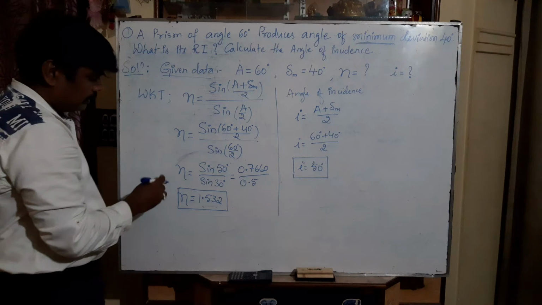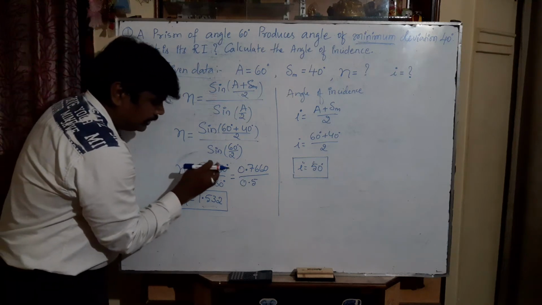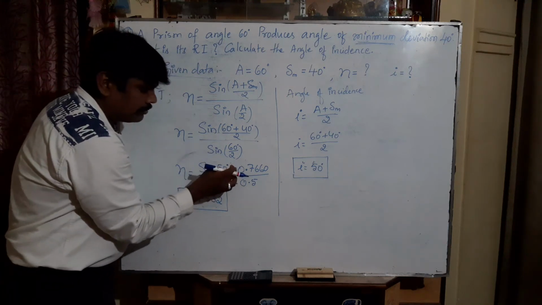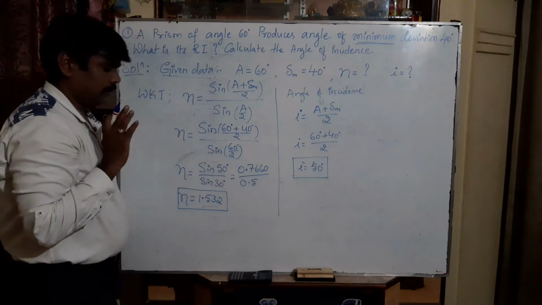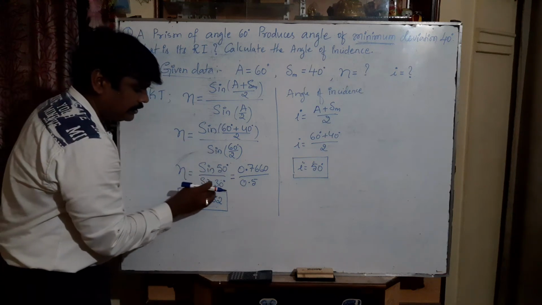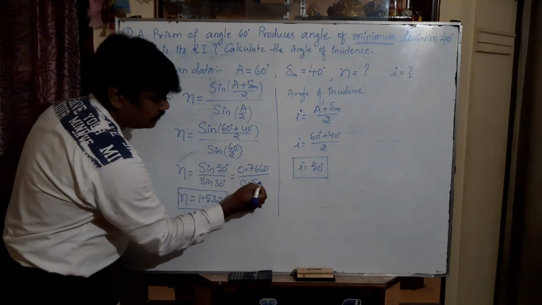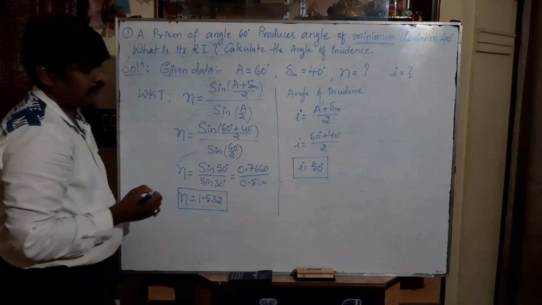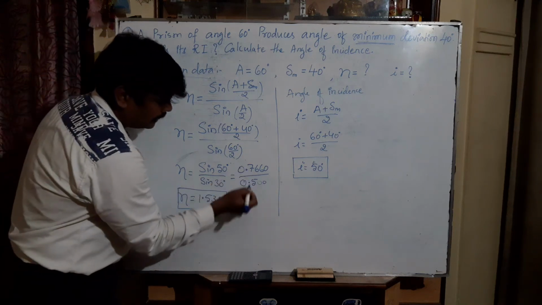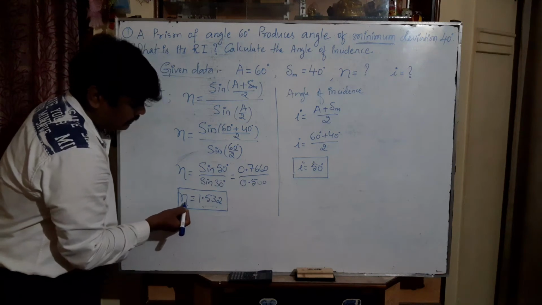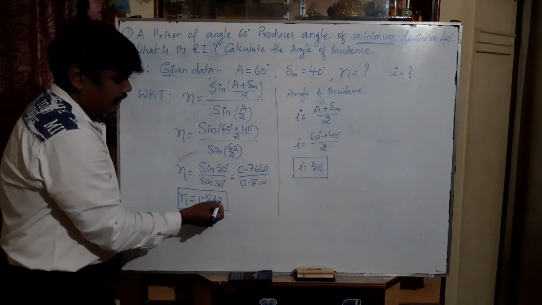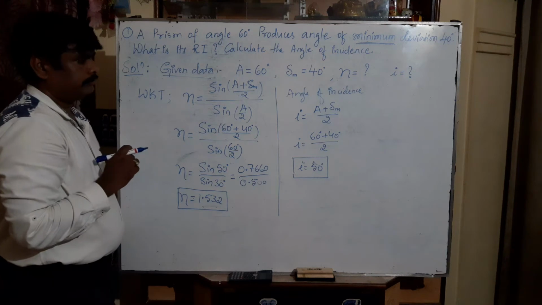You have to search sine 50 degree in the table. Sine 30 degree is also there. Its value is 0.500. Now the ratio of these two gives the value of refractive index.